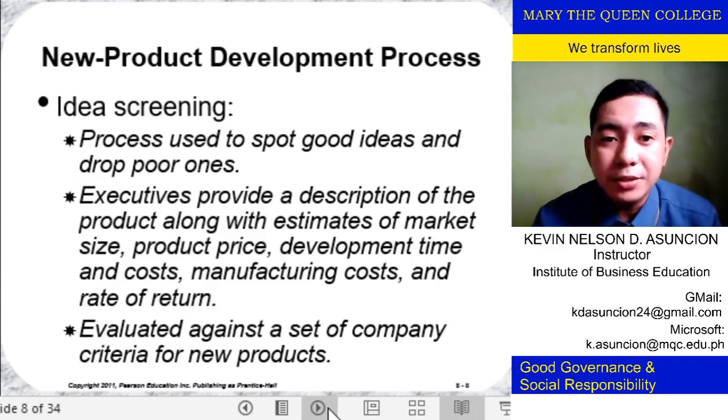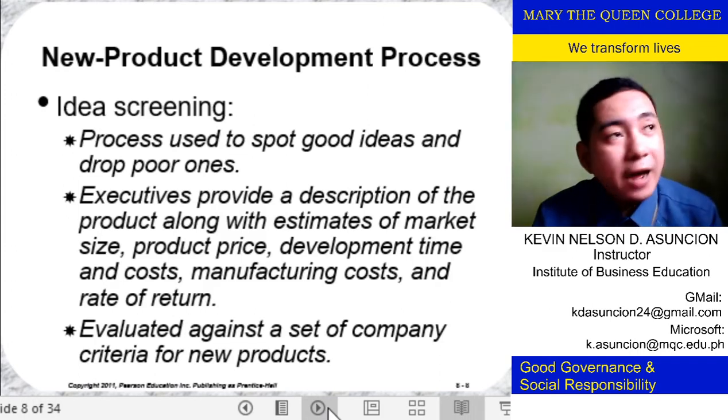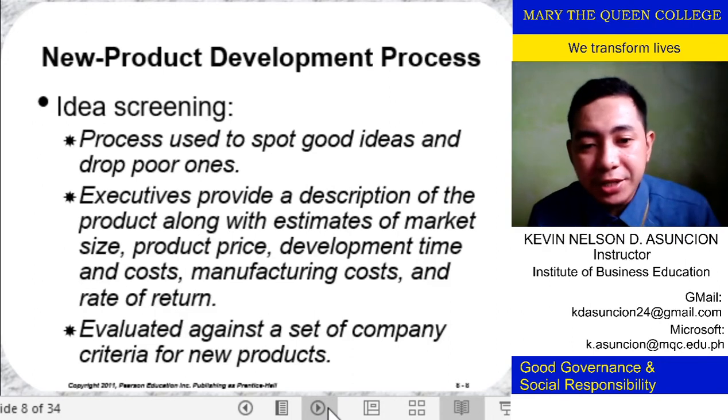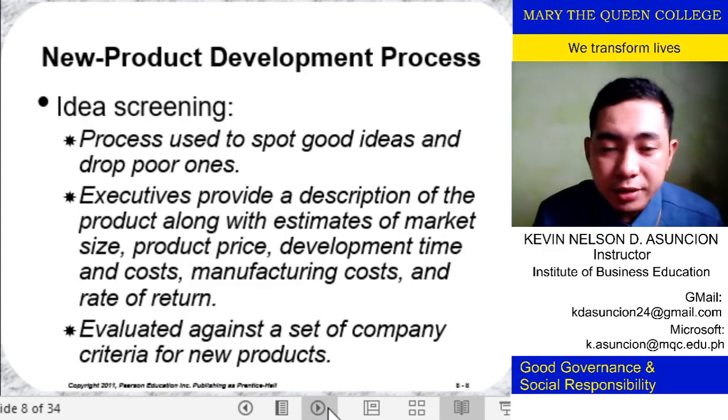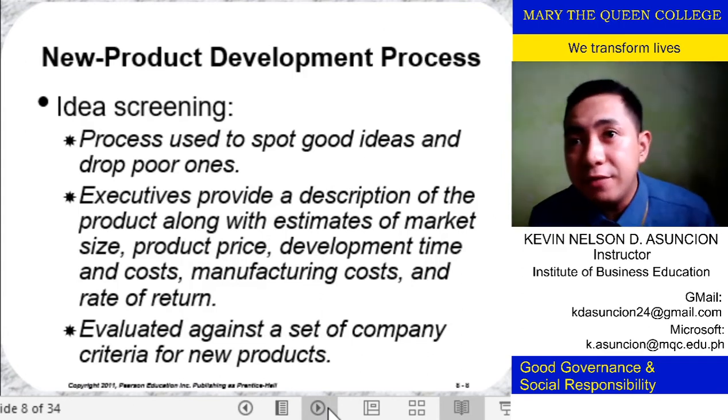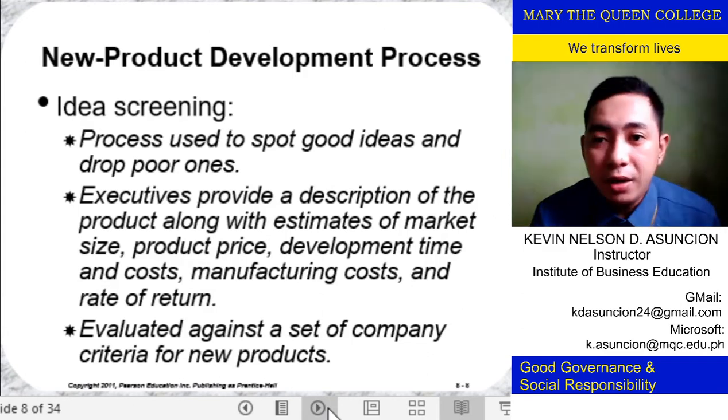So dito na papasok yung management side. After getting the idea generation, that is gaining insights from the customers, titingnan mo, can you do that? Do you have the resources? Also, is this relevant to the company's vision and mission?